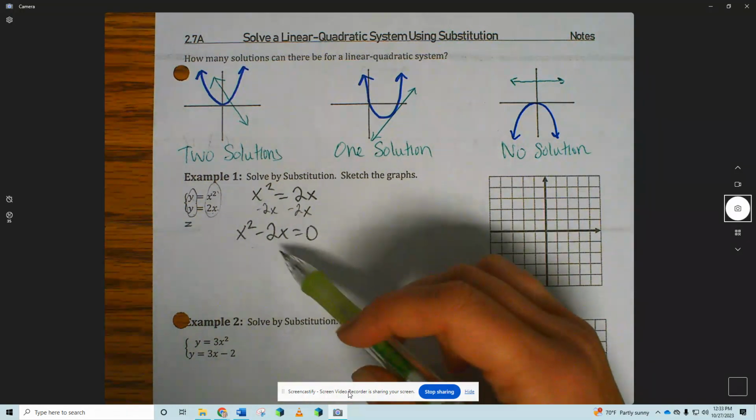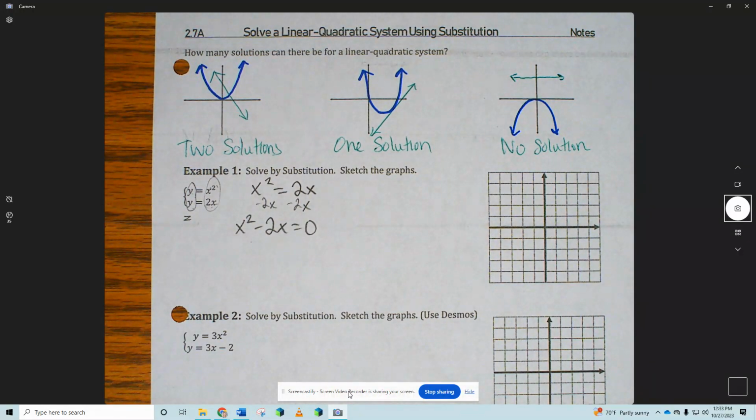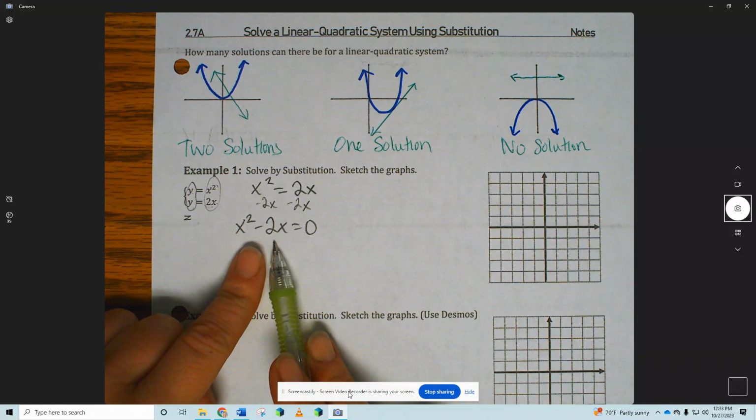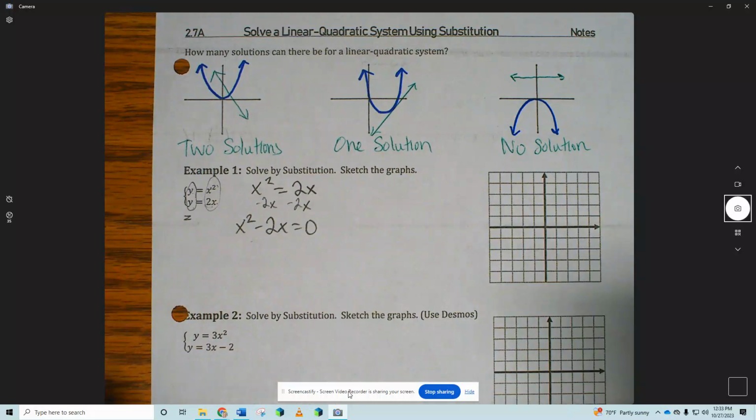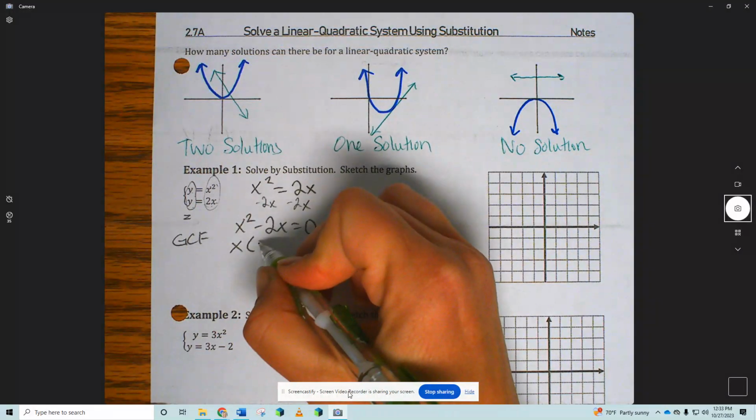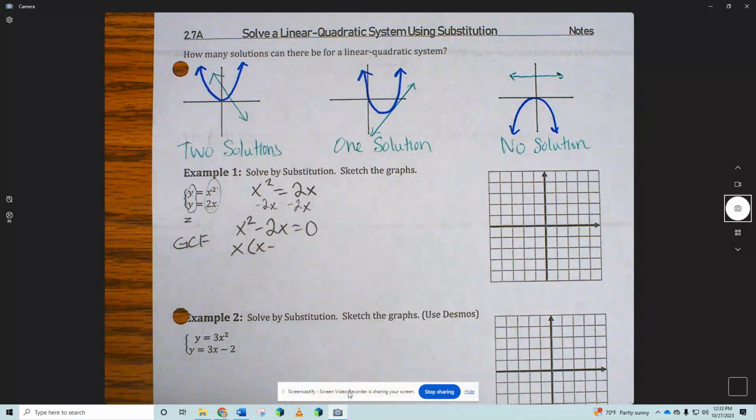Yeah. No, there's not 3 things. You're looking at this, and I'm trying to ask you how to factor it. Oh, you could just take out an x. Yes, that's called GCF. What's my leftovers in parentheses?